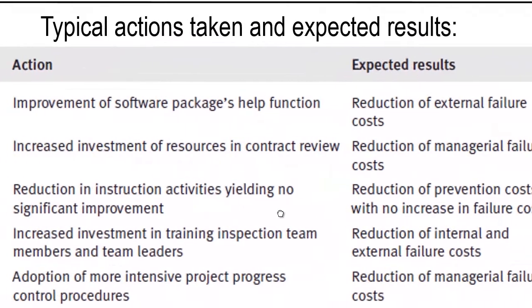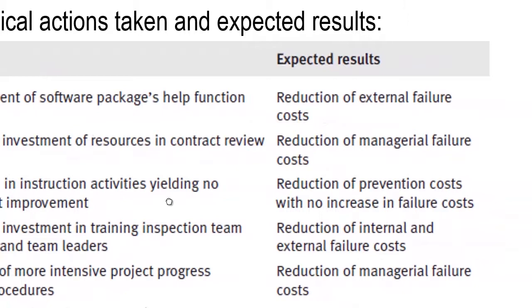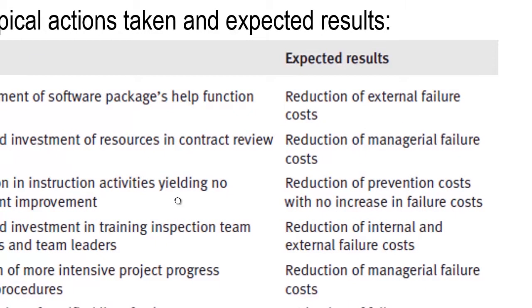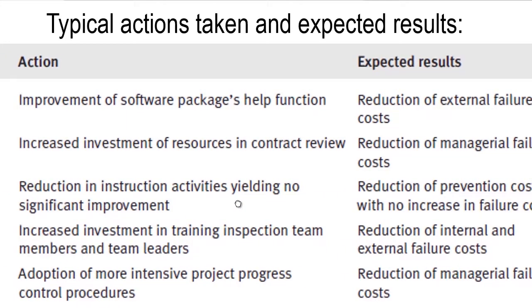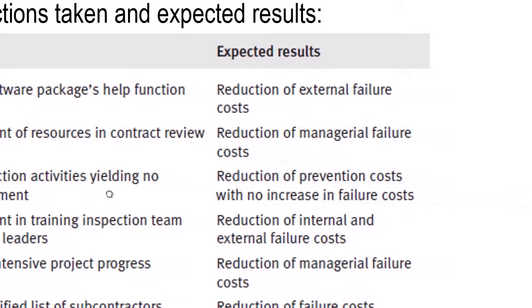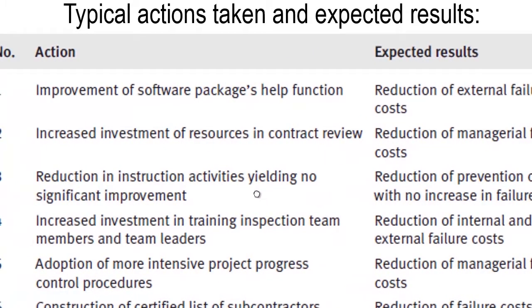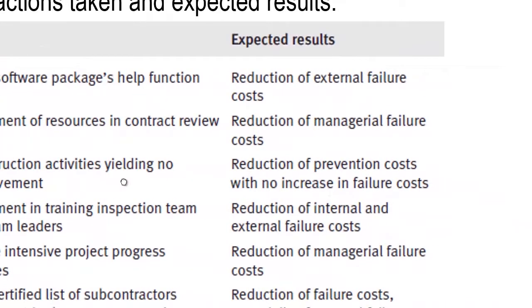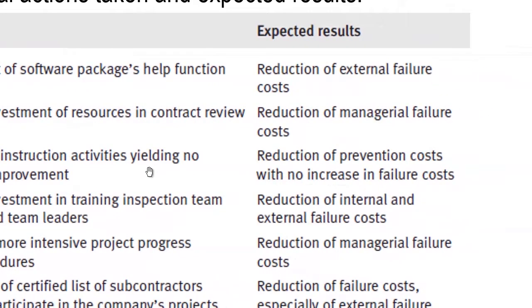Now, when you consider the first action, the expected result is reduction of external failure costs. Second action, reduction of managerial failure costs. Third action, reduction of prevention costs with no increase in failure costs. Fourth action, reduction of internal and external failure costs.